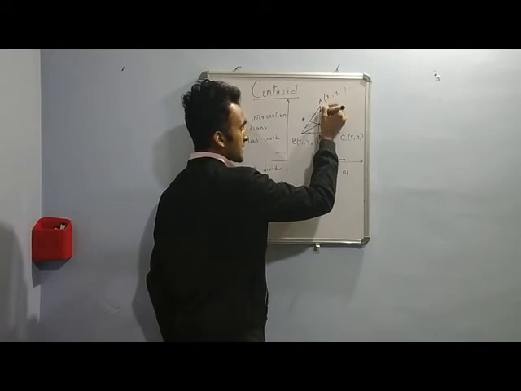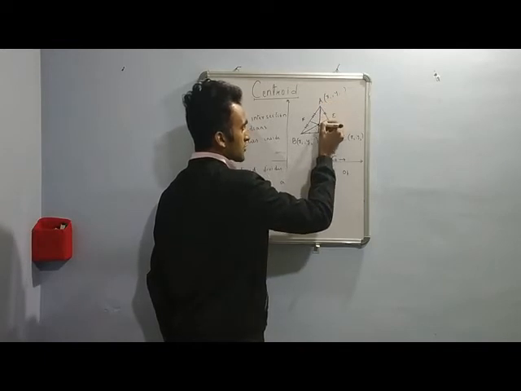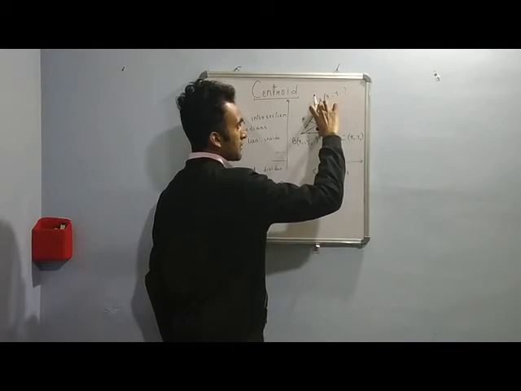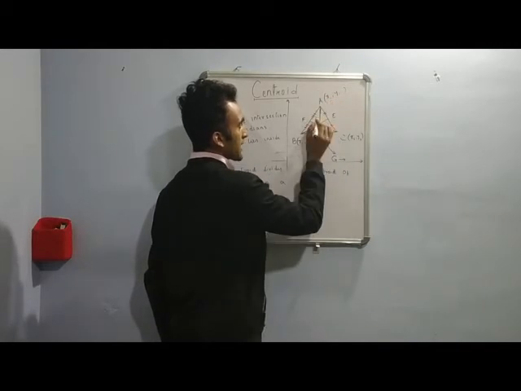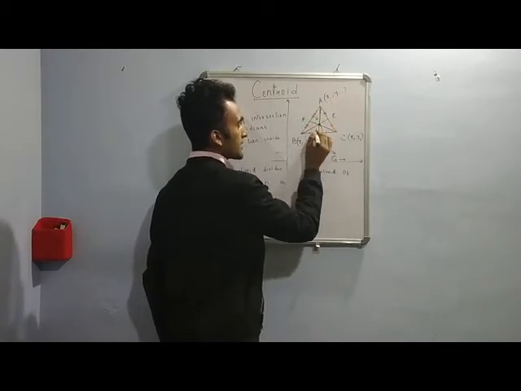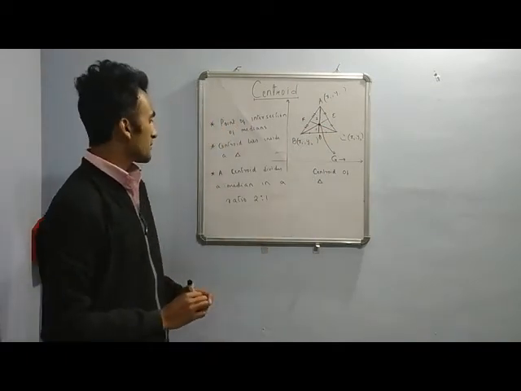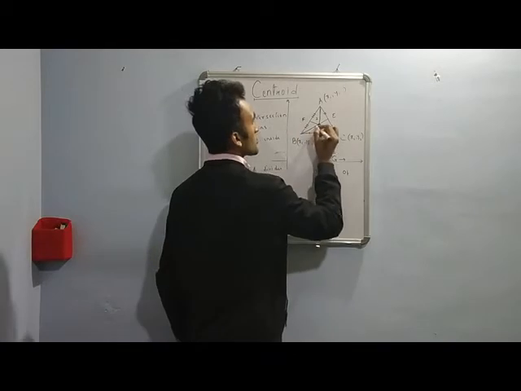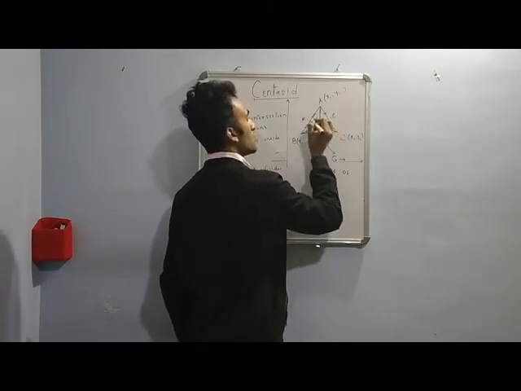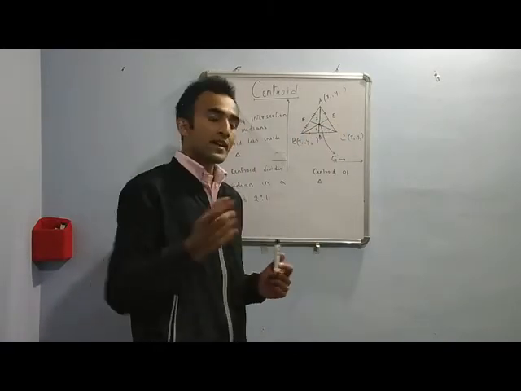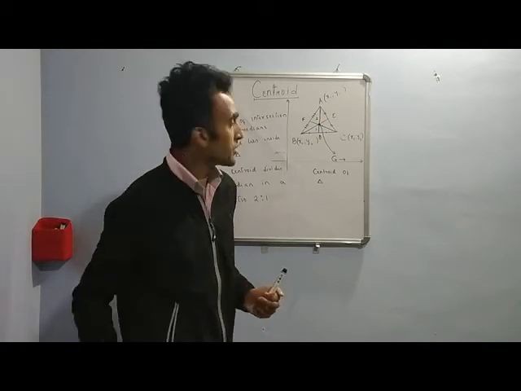This centroid divides this median in a ratio 2:1. I can say that this part is 2 ratio and this part is 1 ratio. You have to remember this point. A centroid divides a median in a ratio 2:1, this is 2 and this is 1, from here also 2 and 1.